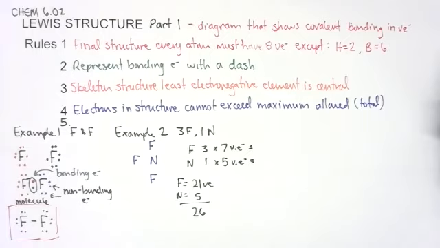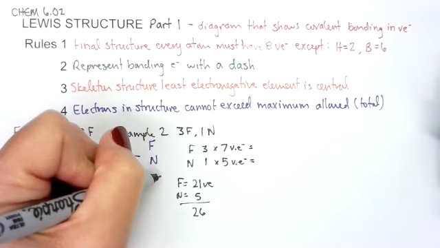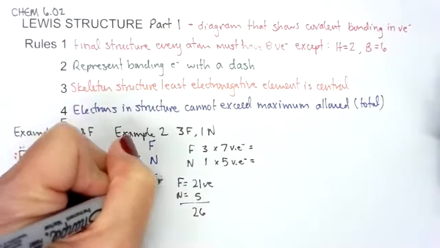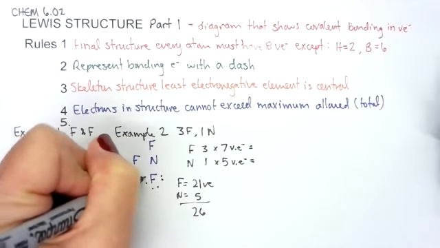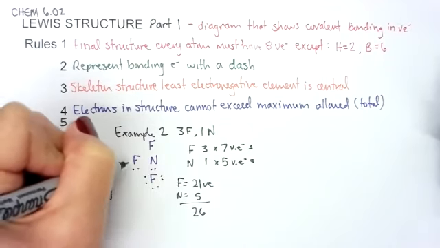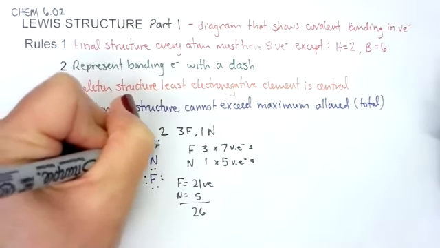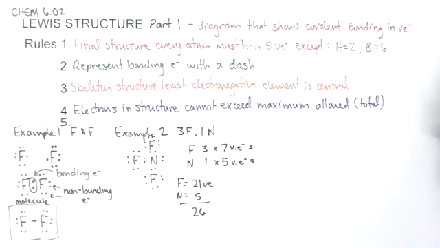All right, when I begin to assign electrons onto these atoms, I'm going to start around the outside. I'm going to go 2, 4, 6, 8, 10, 12, 14, 16, 18, 20, 22, 24, 26.